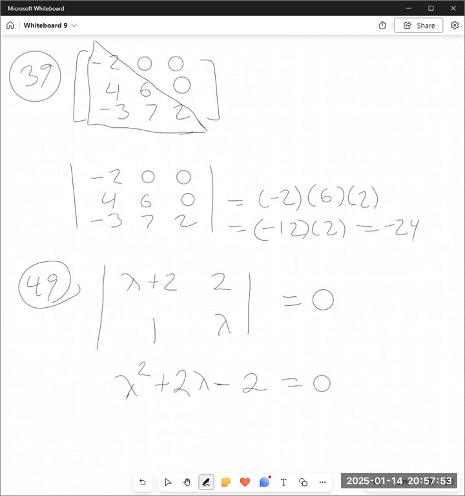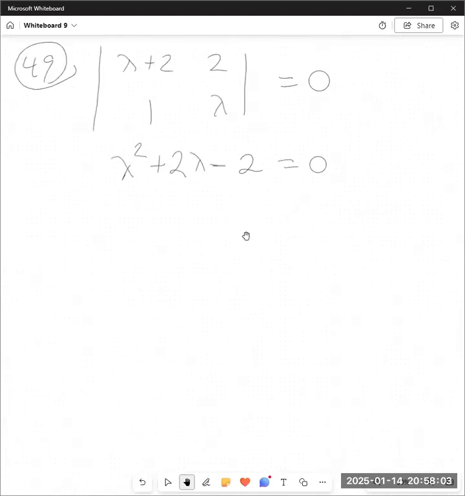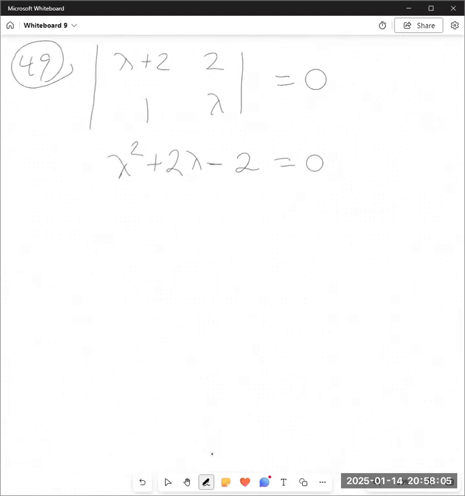Now, we cannot factor this, so there are no factors of -2 that add up to be +2. So I'm going to take this 2 to the other side of the equation and complete the square. So half of 2 is 1. 1 squared is 1.